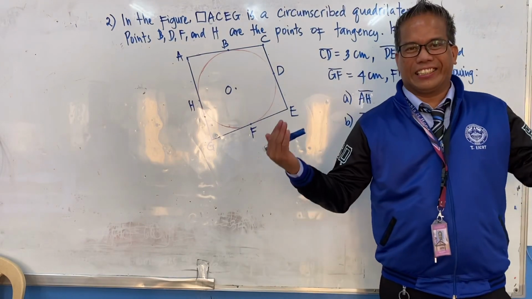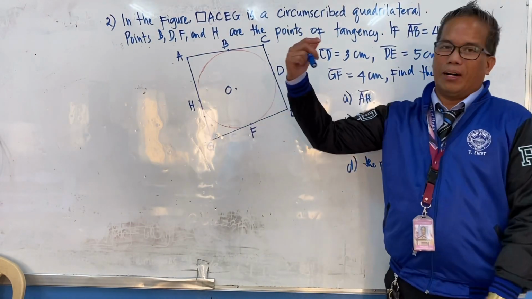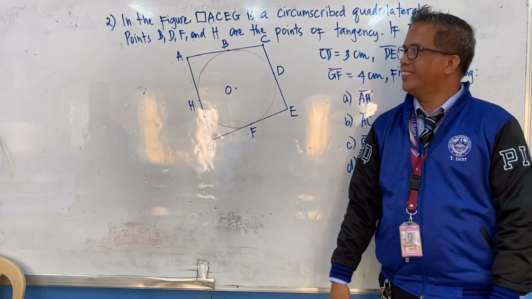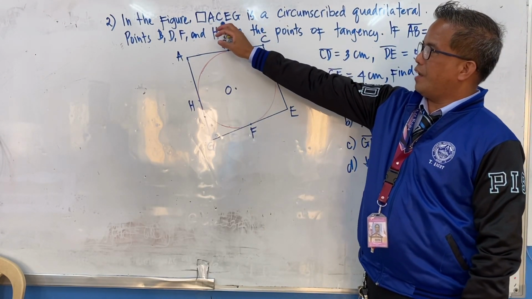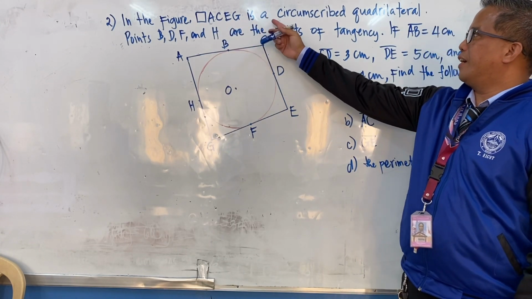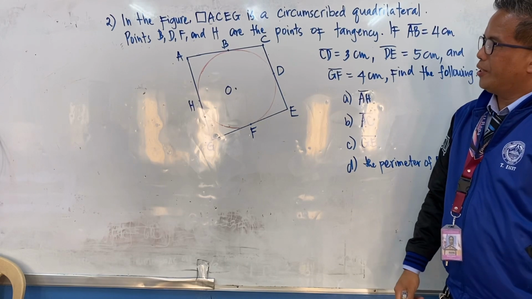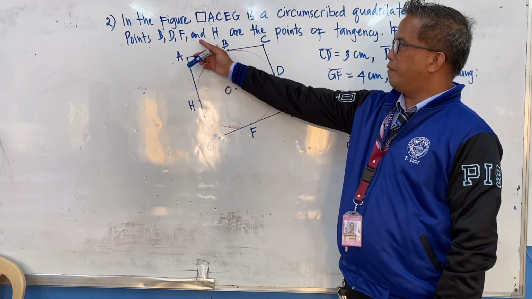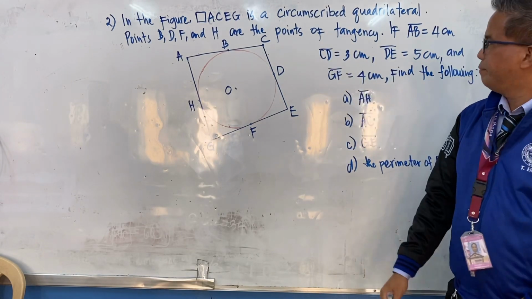Okay, so let's proceed now to example number 2 about tangent. In the figure, quadrilateral ACEG is a circumscribed quadrilateral. Points B, D, F, and H are the points of tangency.